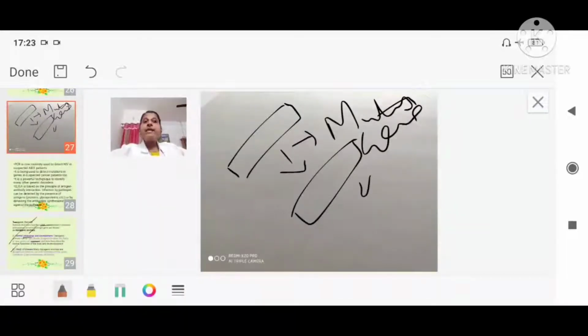So like that I can learn about the disease with the help of what? This transgenic animals. By introducing the disease causing gene into it, I can learn about the genetic defect, the pathway which is involved, the product which they are producing, which is harmful for us. We can learn with the help of what?